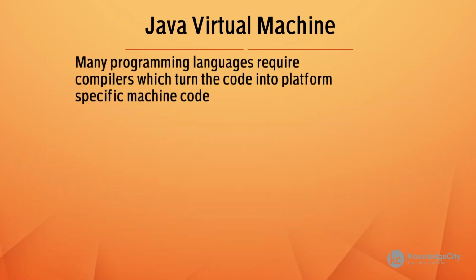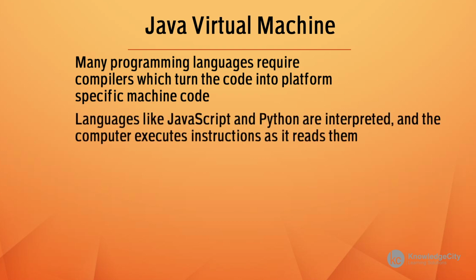So there are a lot of programming languages, like C and C++, and they require compilers, which turn the code into platform-specific machine code. Well, languages like JavaScript, and oh, by the way, JavaScript is not Java. Java is much more powerful.